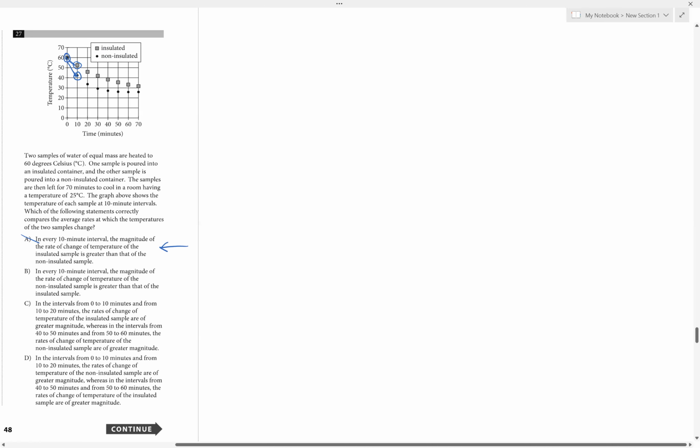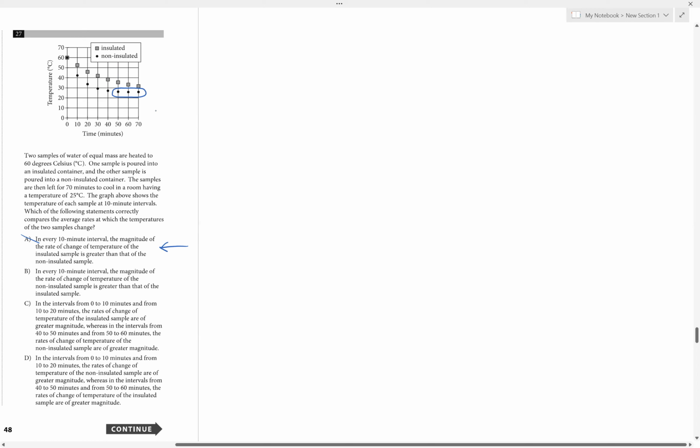That's not the answer. Next one, B says in every 10-minute interval, the magnitude of the rate of change of the non-insulated sample is greater than that of the insulated sample. So now it's pretty much the opposite. For a question like this, we're always trying to prove it wrong, so we're trying to see if we can find some counterexample. Near the end, the non-insulated sample is almost constant.